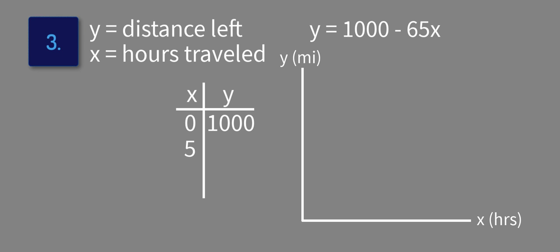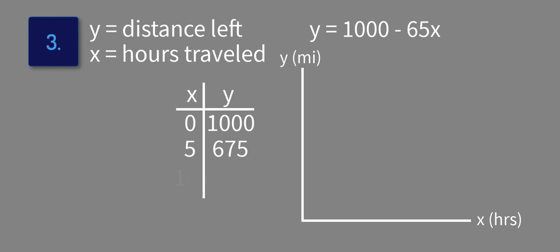So that's 325. And then 1,000 minus 325 is going to be 675. So after he has traveled 5 hours, he has 675 miles left.